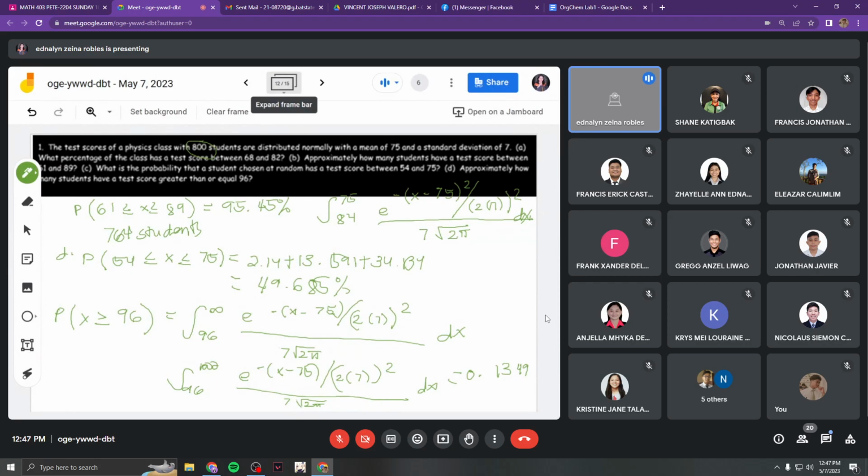So any questions for this example? Or medyo nakakalito na? Any questions? I will be sending one problem for the assessment exercise.